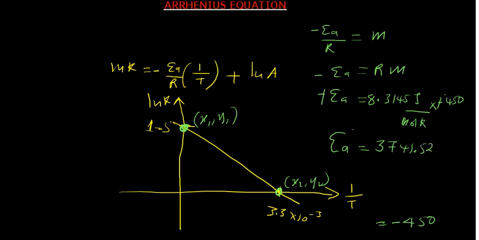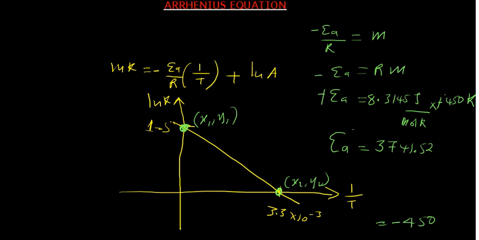So that is going to be the activation energy. This is energy, and the unit is kilojoules per mole, or joules per mole in this case. We just considered this unit to be in joules. Of course, the gradient that we found is going to be in Kelvin.